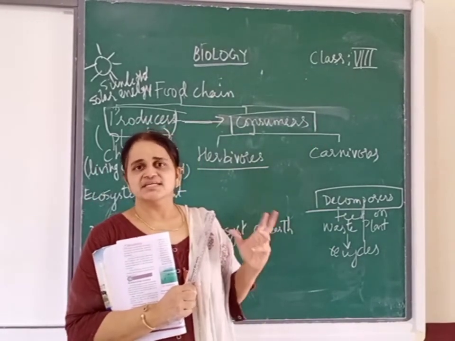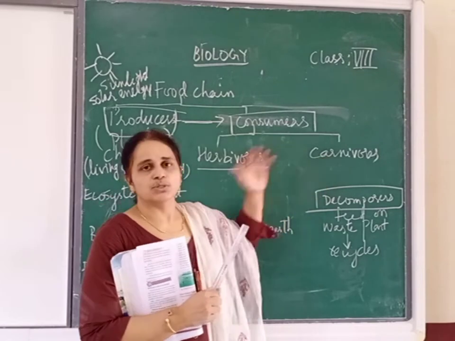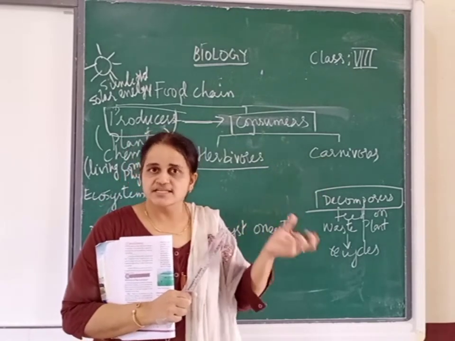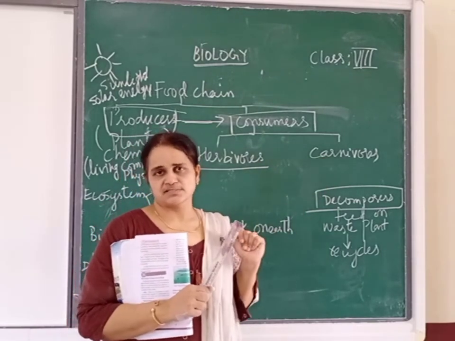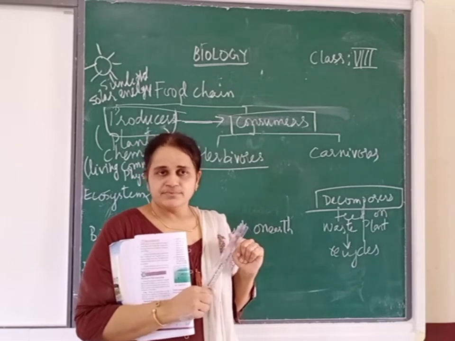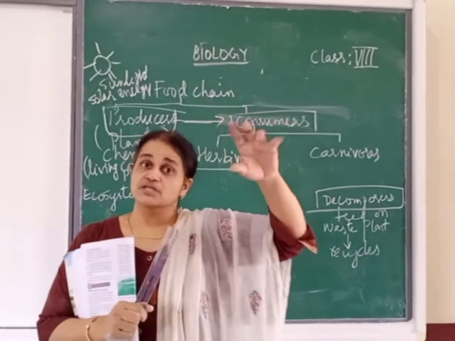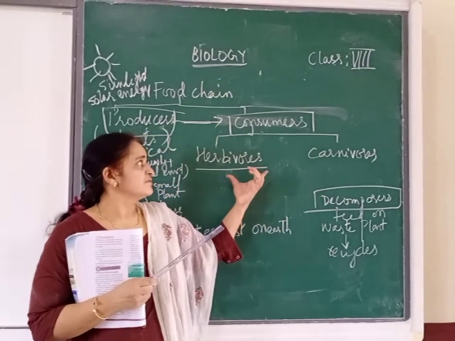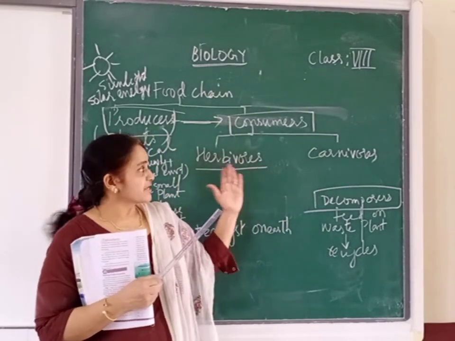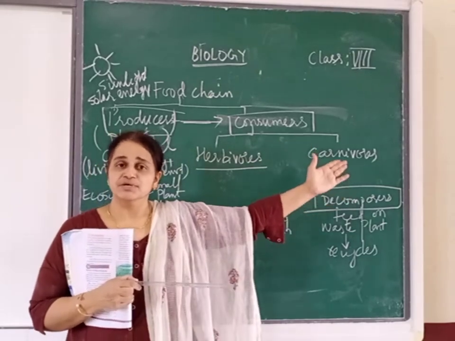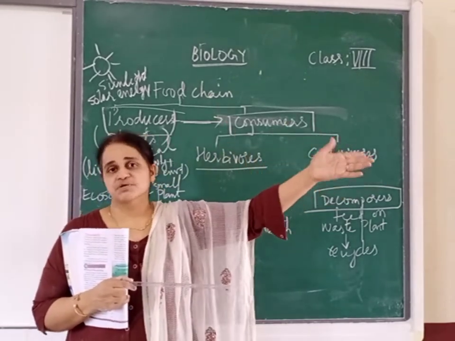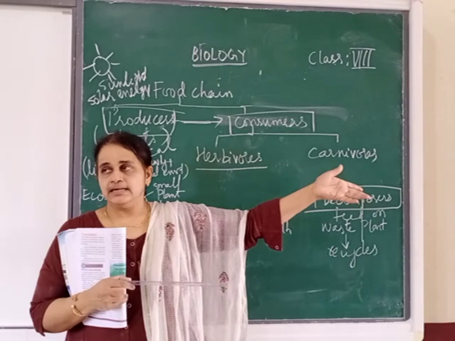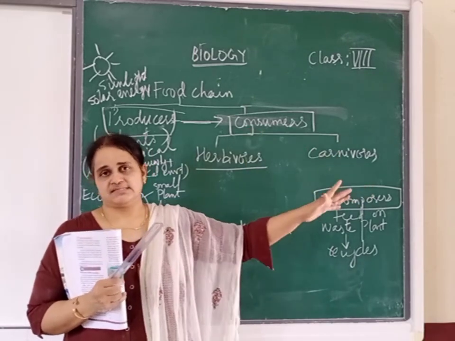Flesh, meat eating animals are called carnivores, like lion and tiger. Then after this we have omnivores, they eat both. So these are the levels of consumers. Primary consumers, secondary consumers, and we have even tertiary consumers, the third level of consumers.